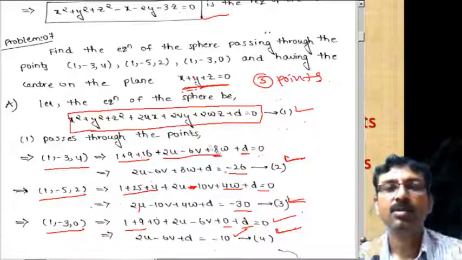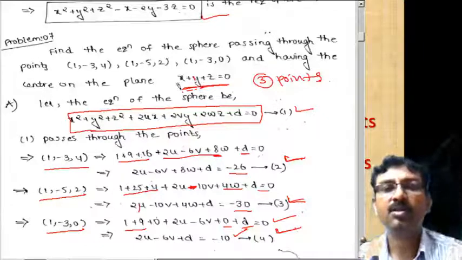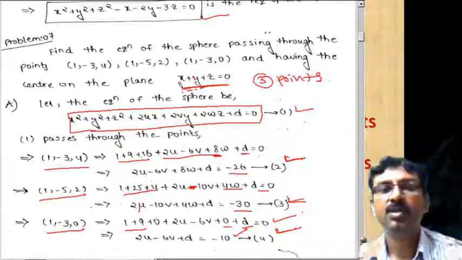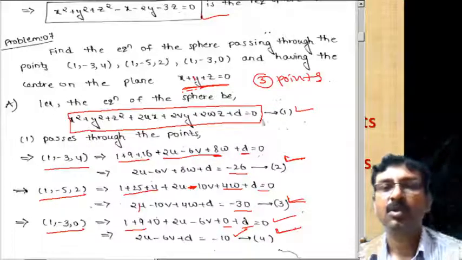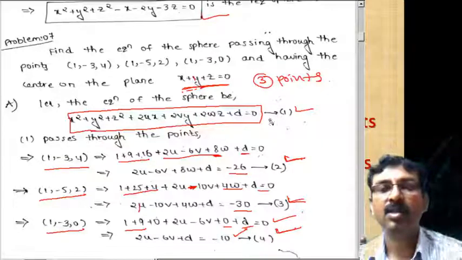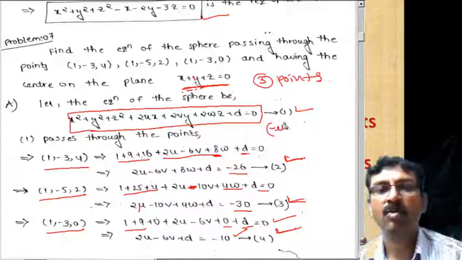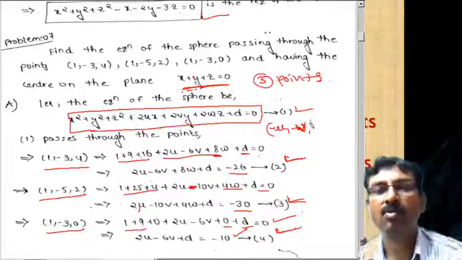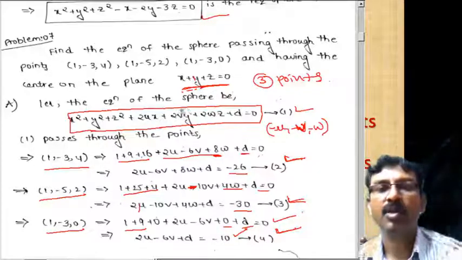For that, we use the last hint or last clue, that the center of the sphere lies on the plane. Here the plane is given. What is the center of the sphere? The center is, by the formula, minus u, minus v, minus w.